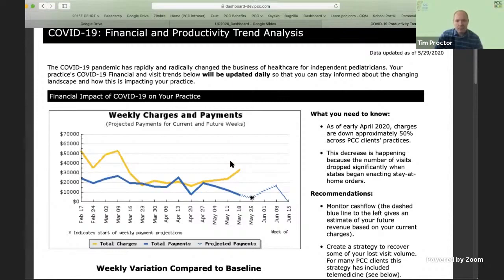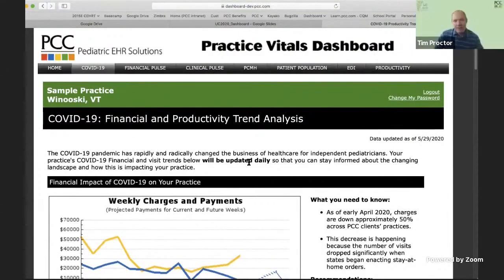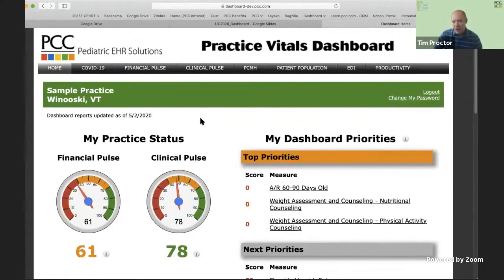I know I didn't get into all of these measures, but as a parting note, I encourage everybody to go into your dashboard. I showed you how to get to it early on from the reports menu in the EHR. Check it out, look at your measures.